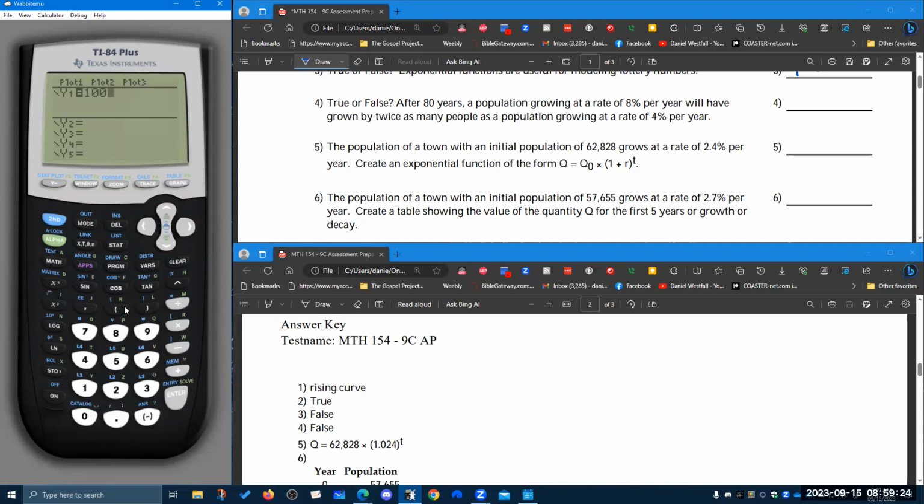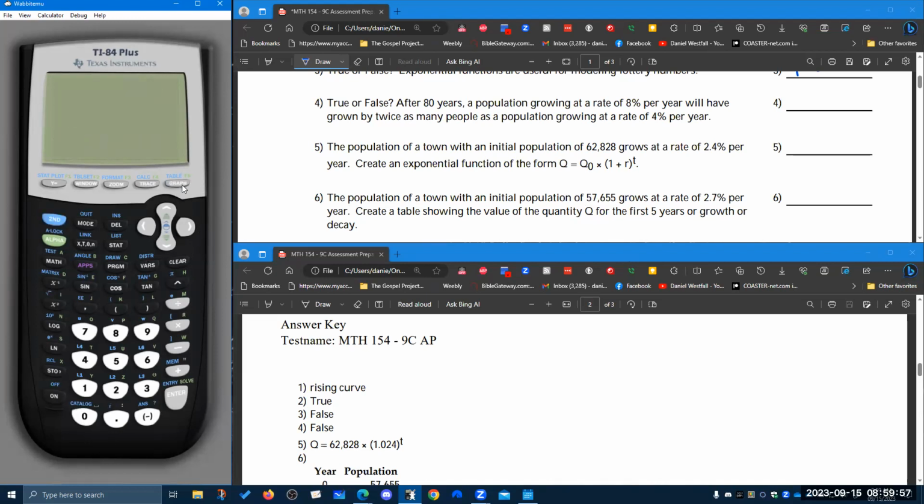And they're getting multiplied by 1.08 to the t, and this one is 100 times 1.04 to the t. And I'm going to go down here to, how many years did they say? 80 years.